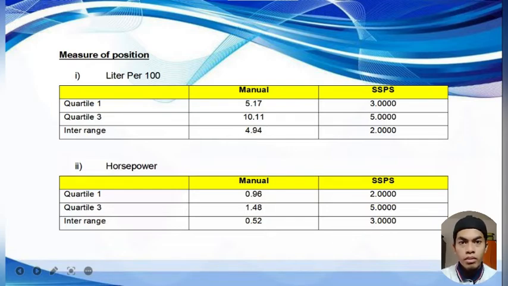Interquartile range for liter per 100 for manual is 4.94 and for SPSS is 2.0. Next is horsepower. Quartile 1 manual is 0.96, for SPSS is 2.0. Quartile 3 manual is 1.48 and for SPSS is 5.0. And last, the interquartile range for horsepower, manual is 0.52 and for SPSS is 3.0.